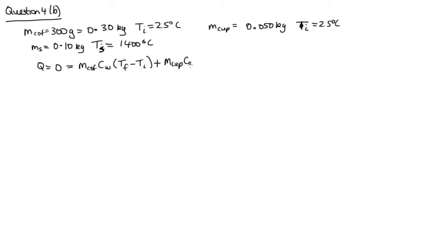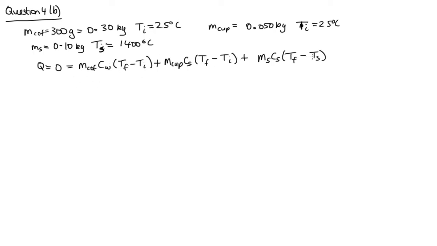It's made from steel, so the specific heat of steel times the final temperature minus the initial temperature, which is the same as for the coffee, plus the sphere. So we've got the mass of the sphere times the heat capacity of steel, because that's what the sphere is made out of, times the final temperature minus the initial temperature, which we're calling TS. It starts at a hot temperature, whereas the others start at the cold.